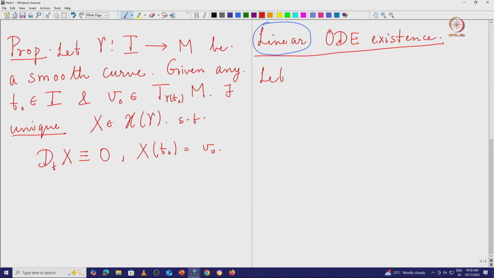Let A be a continuous function from an interval into the set of n cross n matrices. Okay, so this is the set of n cross n matrices.